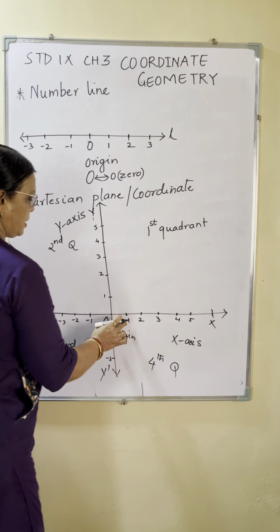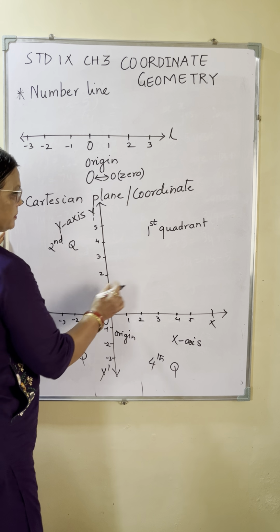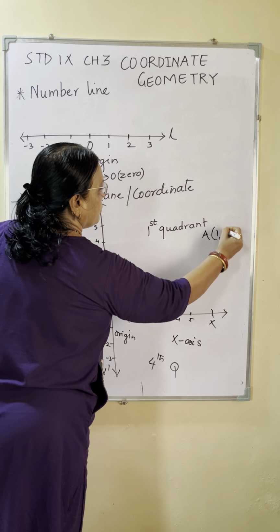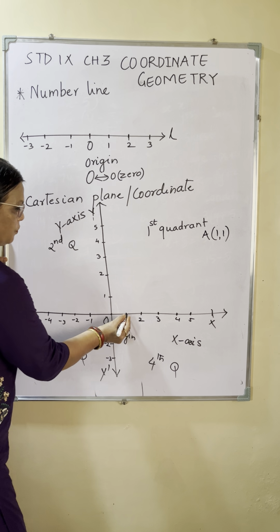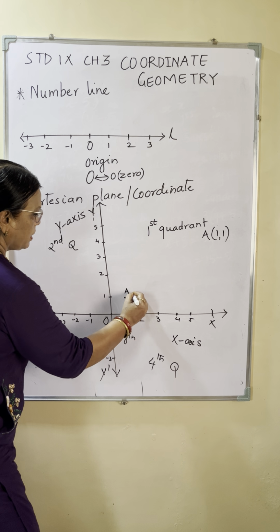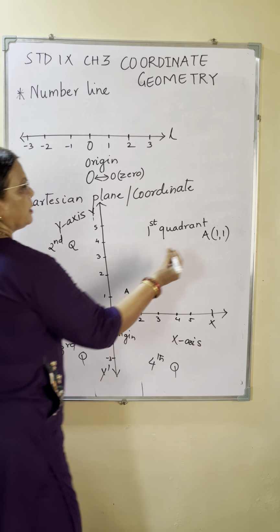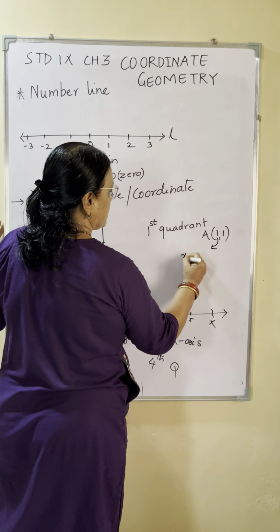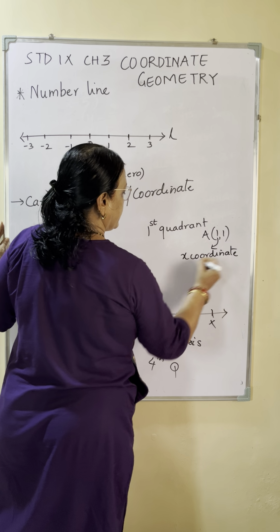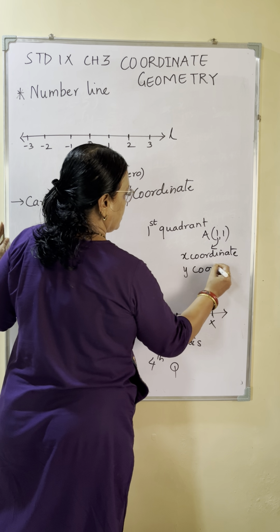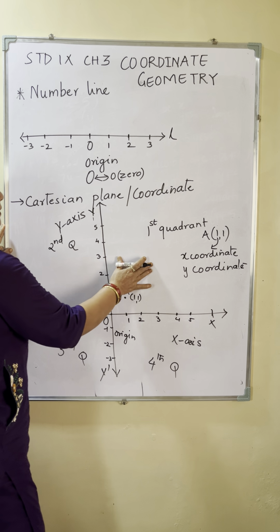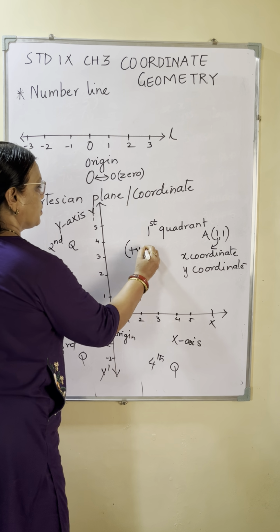Now, if I say plot 1, 1, suppose I give the name A. So 1 is here and this one. This is your A, 1, 1. 1 is called the x coordinate, the first number, and the second number is the y coordinate. That is a fixed pattern. Here in the first quadrant, both are positive.